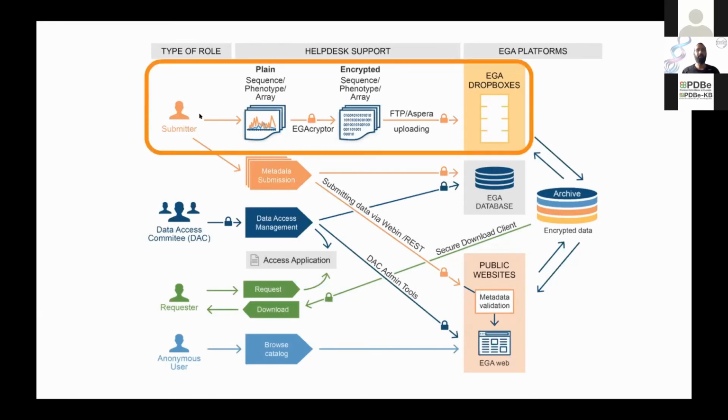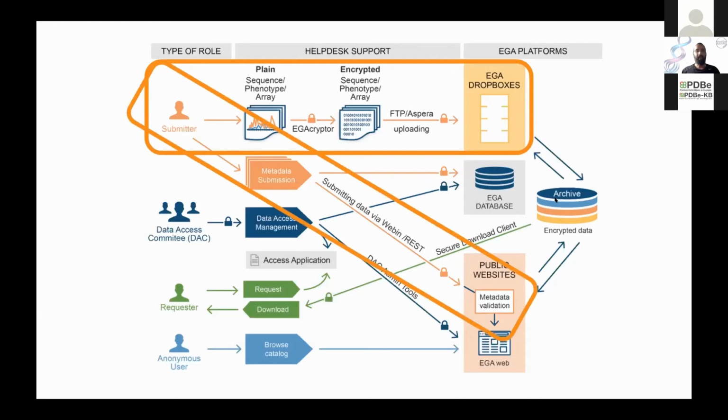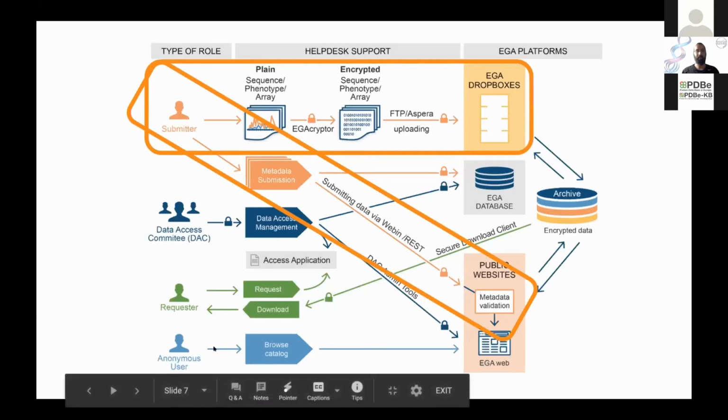First, the data owner submits the data securely to the archive, which is the central EGA, and fills in the metadata about these experiments, about the data set, any information that is useful and can be shared. And this will be published on the website, and it can be found by anyone who wants to search this website.